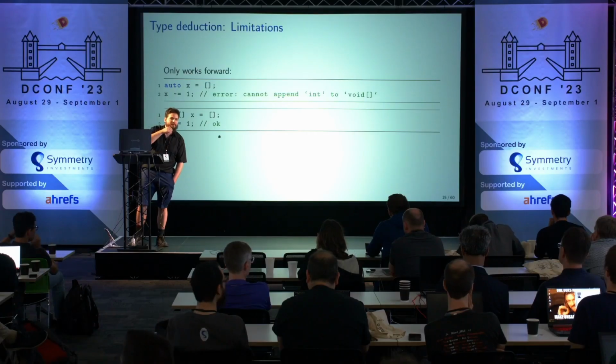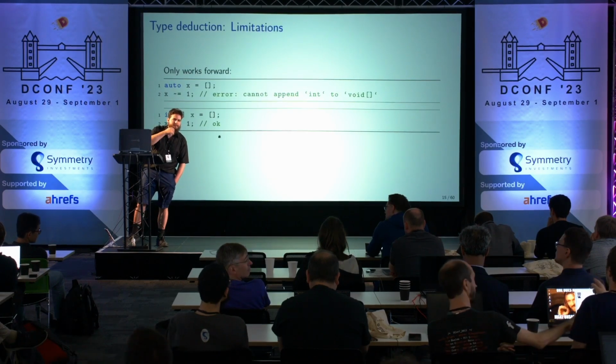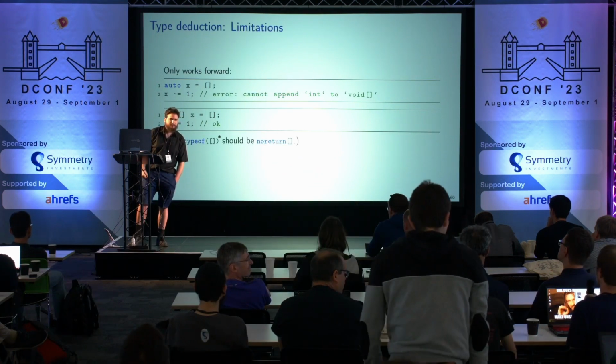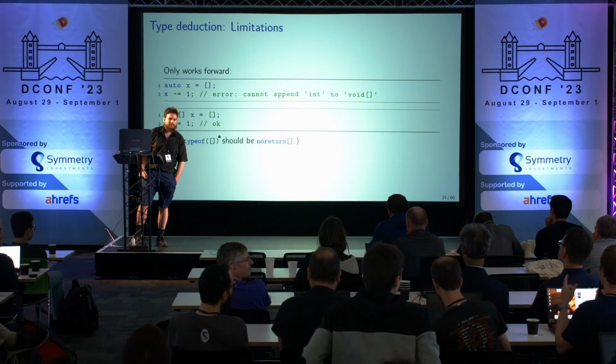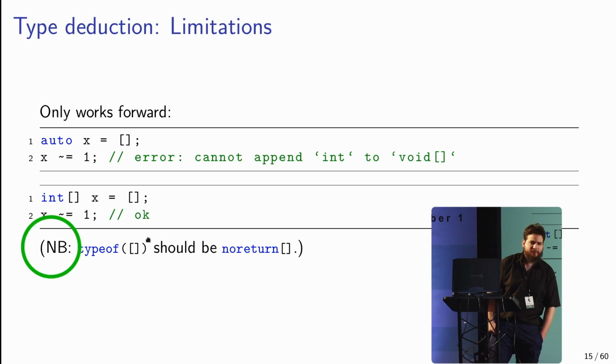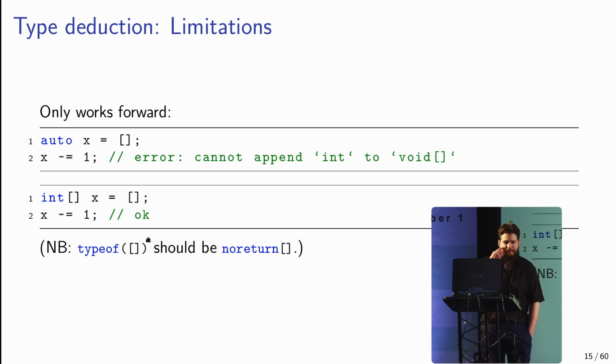Yes? Isn't it an array of no-throw? Very good point. No, it isn't, but it should be. I believe it's an array of no-throw bottom types. Well, it should be an array of no return, but it is currently still a void array. Okay, thanks. Yeah, I fully agree. It's also on the slides.